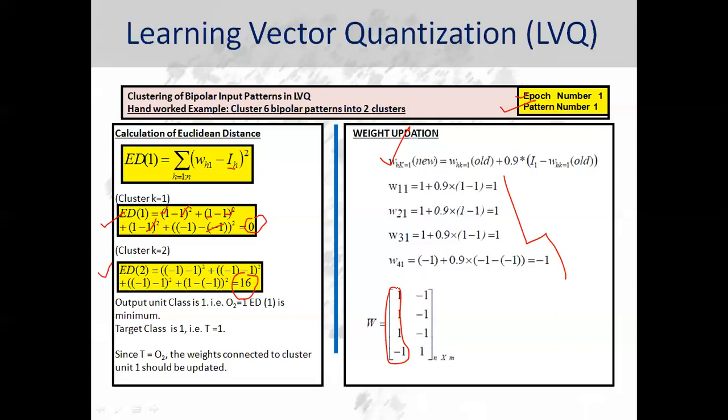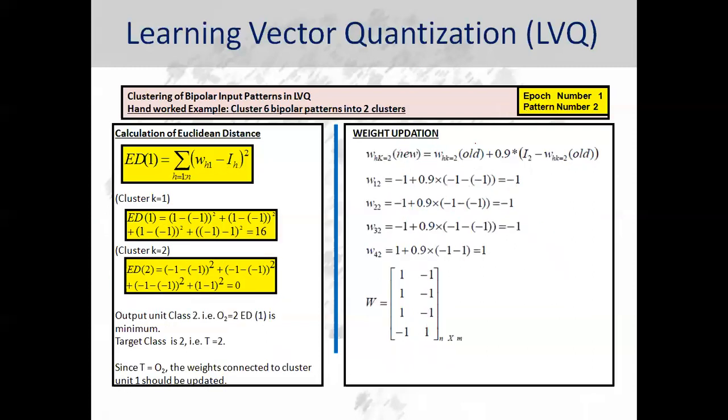Now pick the second pattern and apply the LVQ on this pattern using the modified weights. So we picked pattern number 2, epoch number 1, and found the Euclidean distance using this formula. Again, for cluster number 1, it comes out to be 16. Cluster number 2, it comes out to be 0. Now again check whether the winning neuron number is the same as the desired output class or not.